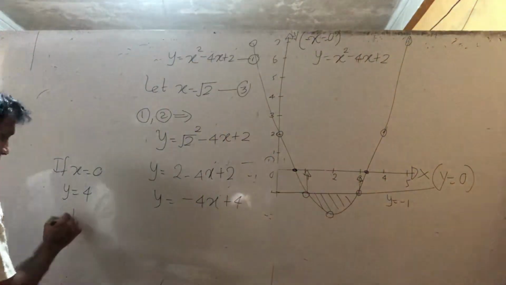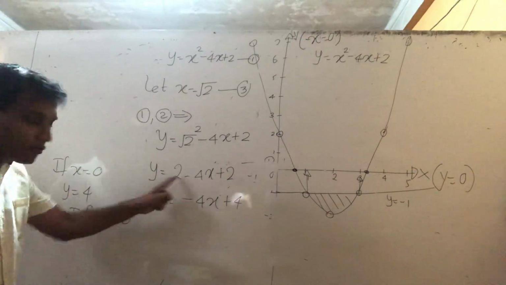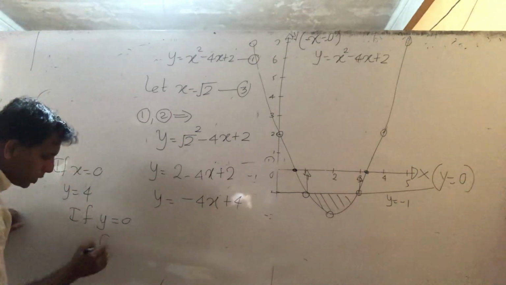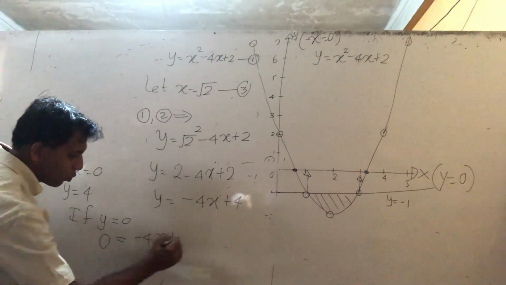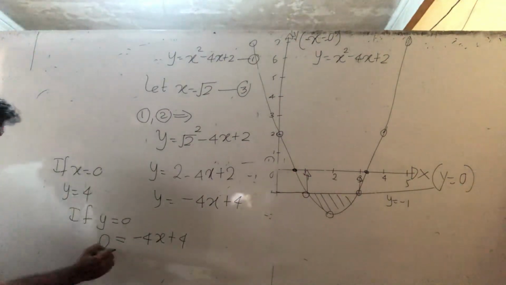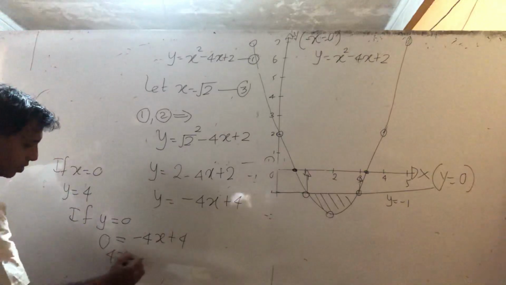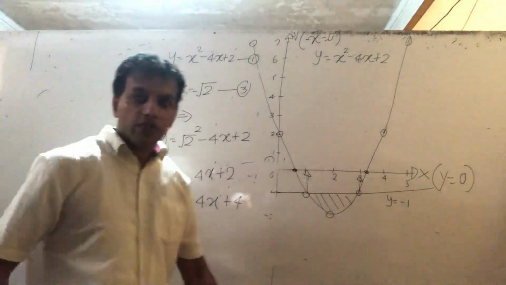So if y is 0, put y as 0 here: 0 equals minus 4x plus 4. So take minus 4x here, plus 4x equals 4. So x is 1. Copy this. You work along with me, right?